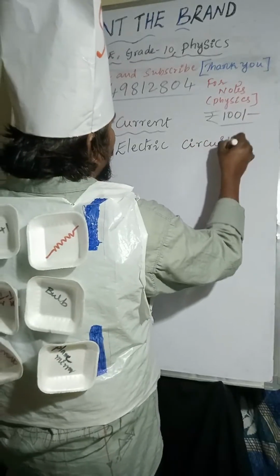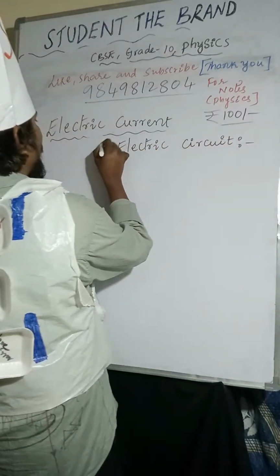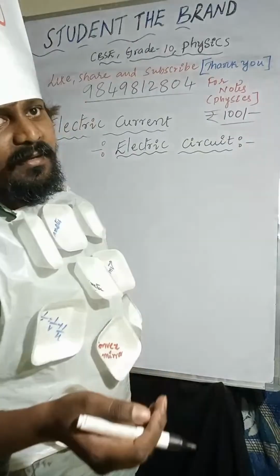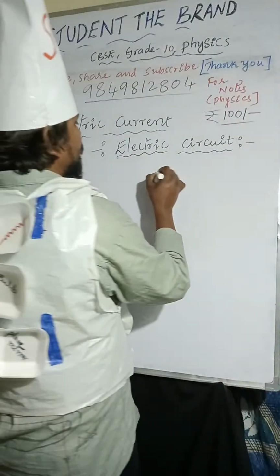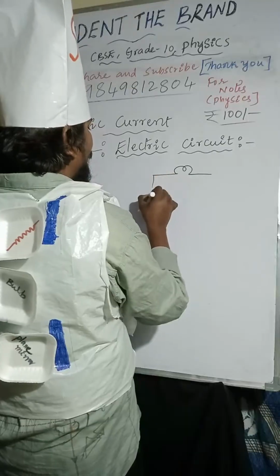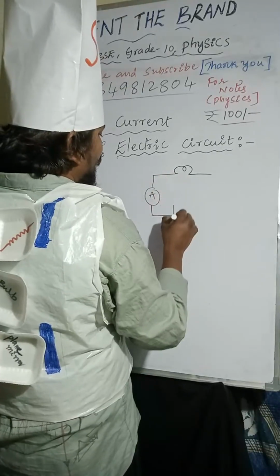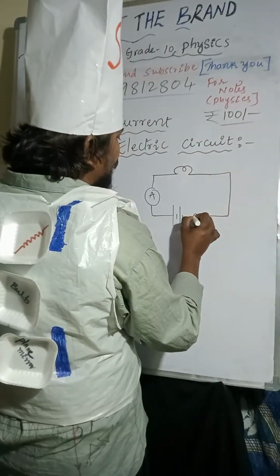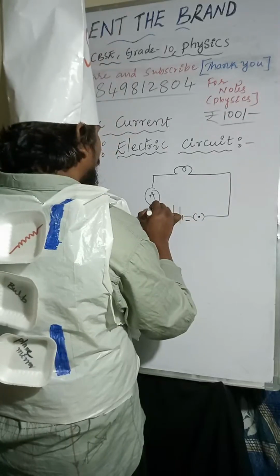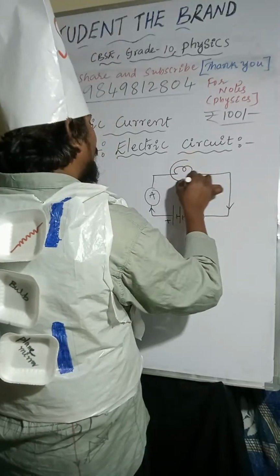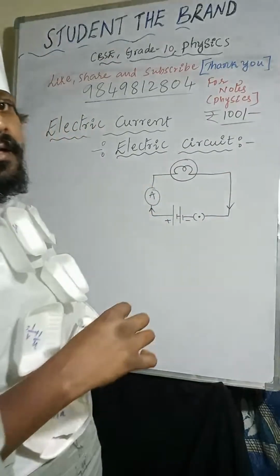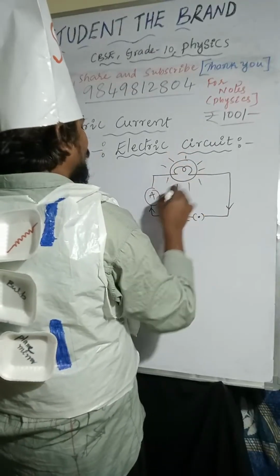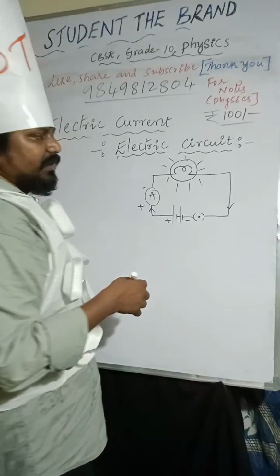Here you can observe the bulb, ammeter, battery, and switch. From the positive terminal to the negative terminal, current is flowing.